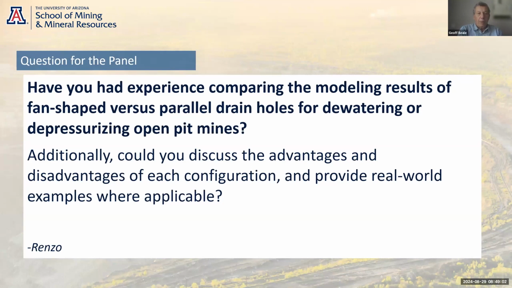The best way of doing that is with piezometers. Yes, we've had experience comparing the model results for fan shape versus parallel drain holes. But again, it's based on the assumptions, so it's much better to do it with real data if you can.